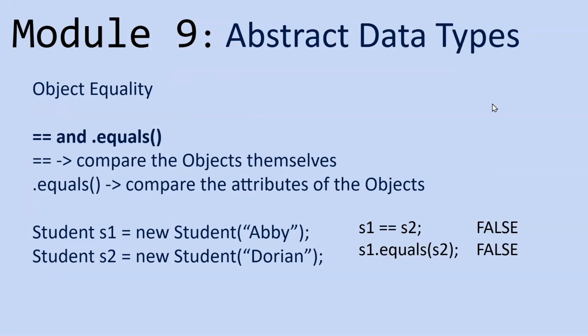All right, so we already went over this a little bit in some of the previous modules, but it's always good to review object equality, especially with maps and sets, which don't allow duplicate objects. So the principal difference is between the double equal sign for telling whether things are equal and the .equals method. Like we talked about in, I believe, module 7 and 8, the double equal sign will compare the objects themselves.